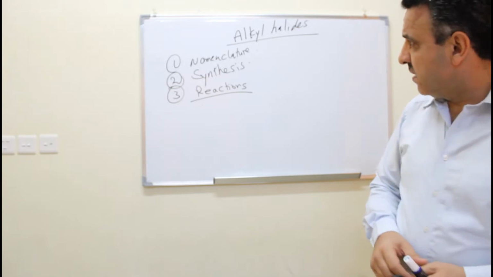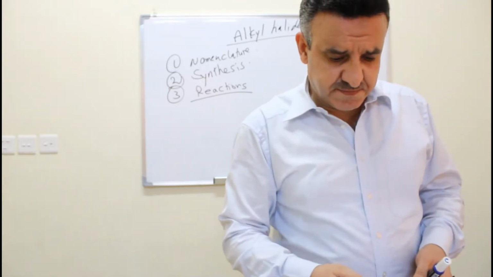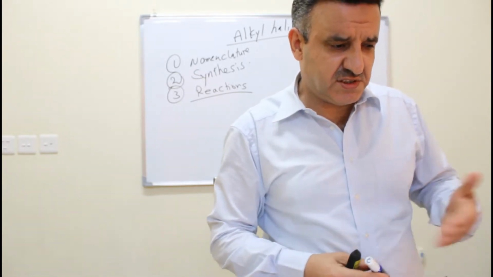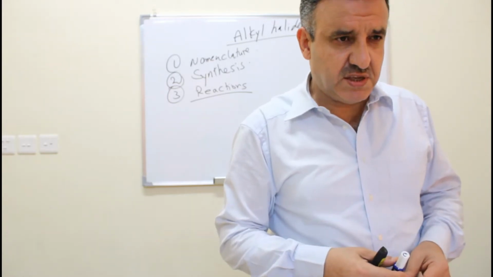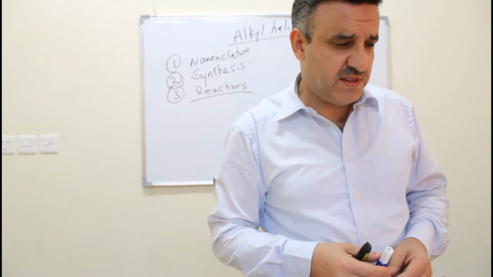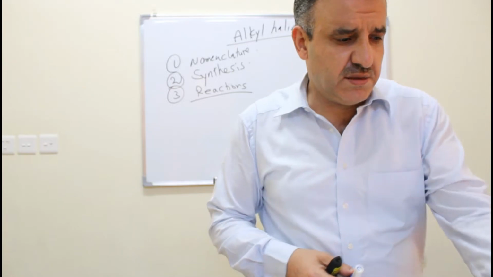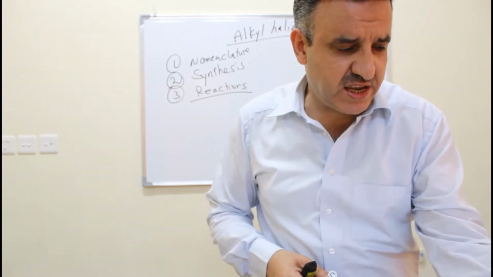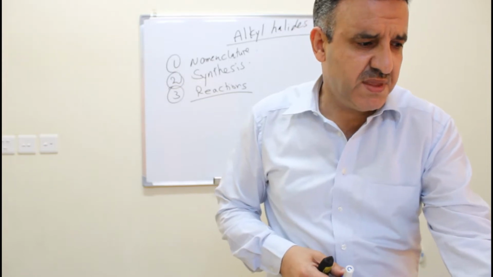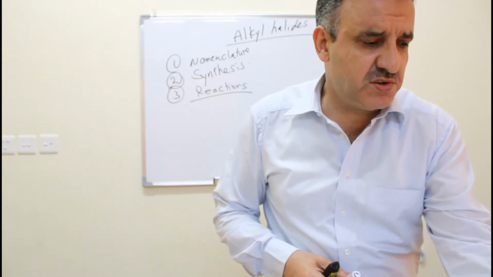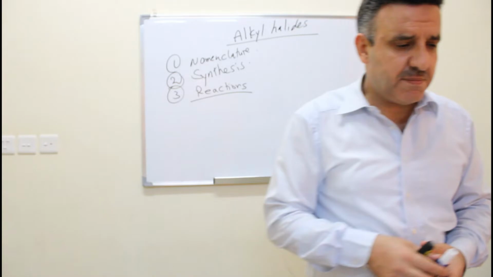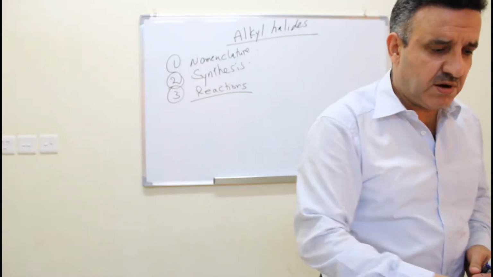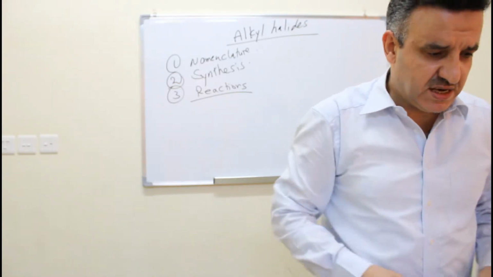Now, regarding the nomenclature of alkyl halides, first let's remind you of the general classification of these alkyl halides. It depends on where the halogen is attached. If it is directly attached to an sp3 hybridized carbon, we name it an alkyl halide.